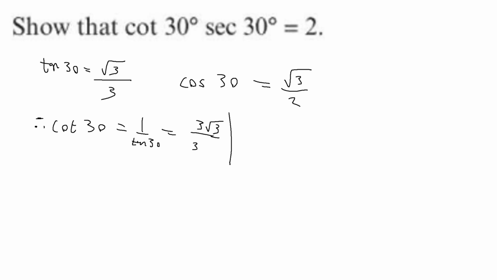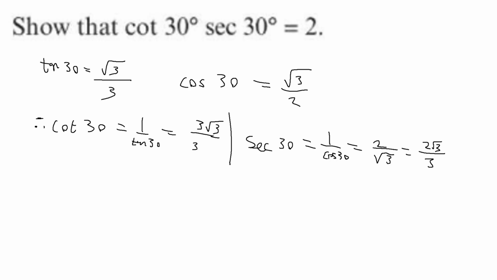And sec 30 is going to be 1 over cos, okay? Which is the same as 2 over root 3. Or, if we want to rationalize that denominator, it's going to be 2 root 3 over 3.